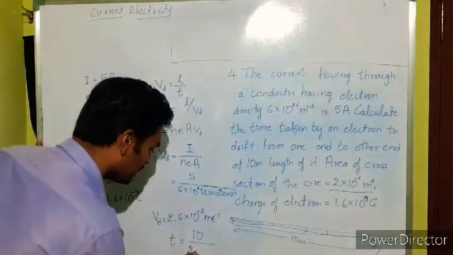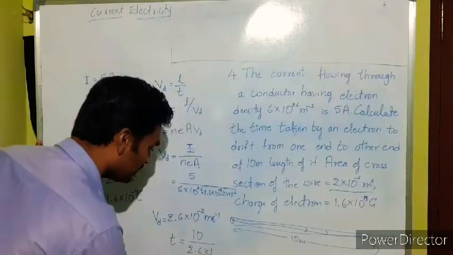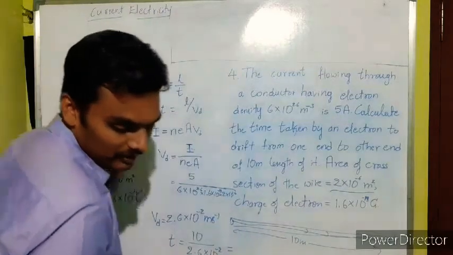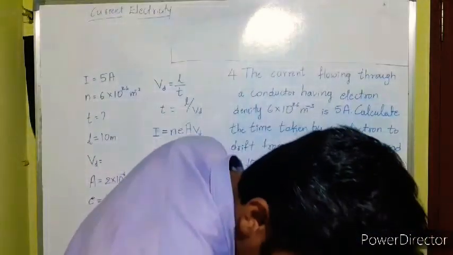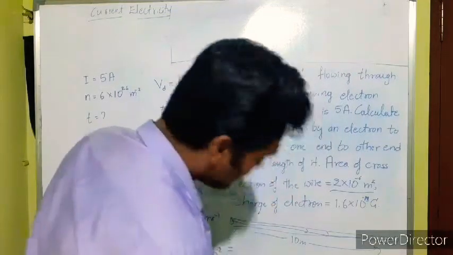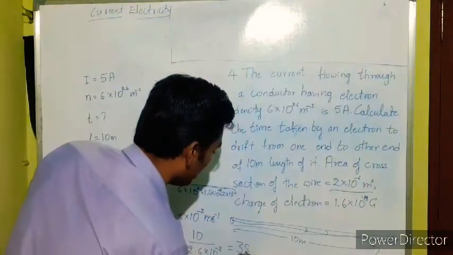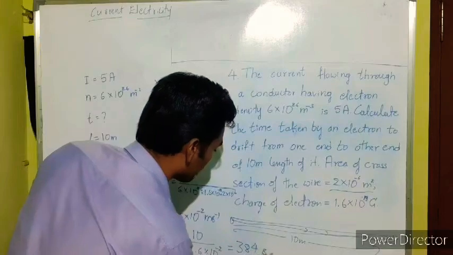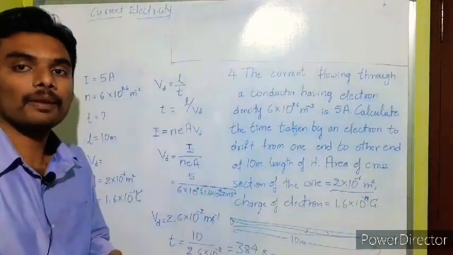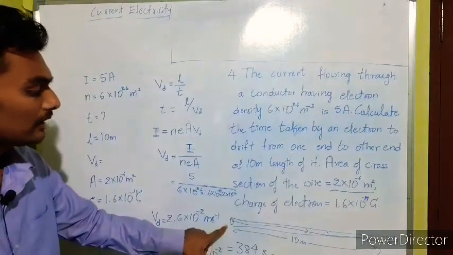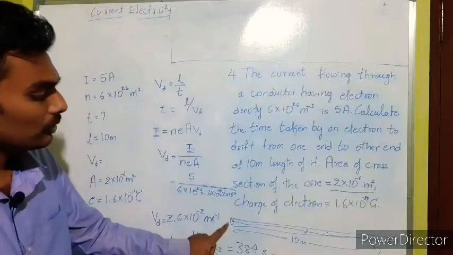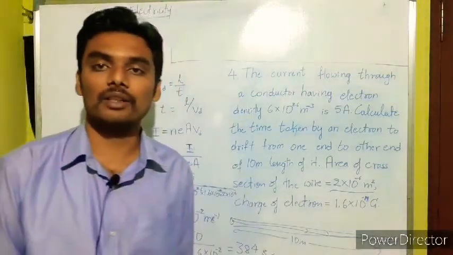The value of Vd that we have obtained is 2.6 into 10 to the power of minus 2. After simplifying this, we get T is equal to 384 seconds. This much time is taken by the electron to move from one end to the other end of the conductor.